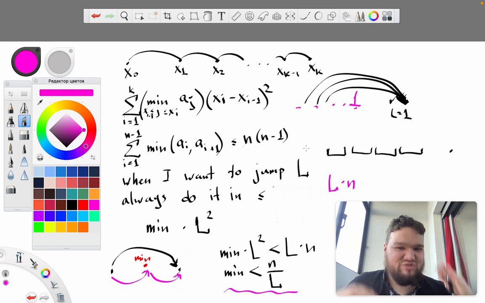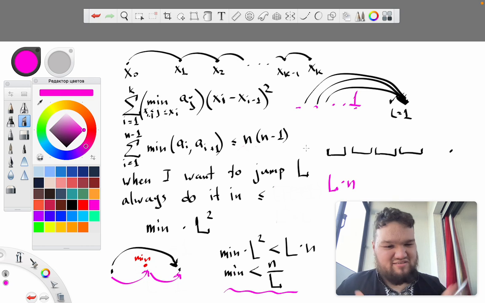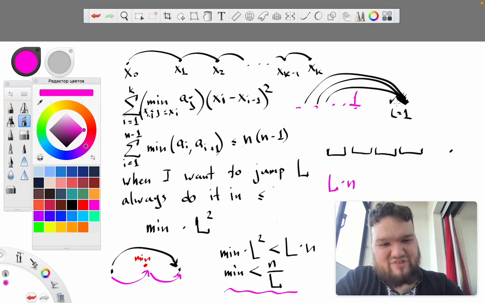So I'm just doing them in the most stupid way. I'm just running to the left until I encounter a smaller or equal number, and then I stop.